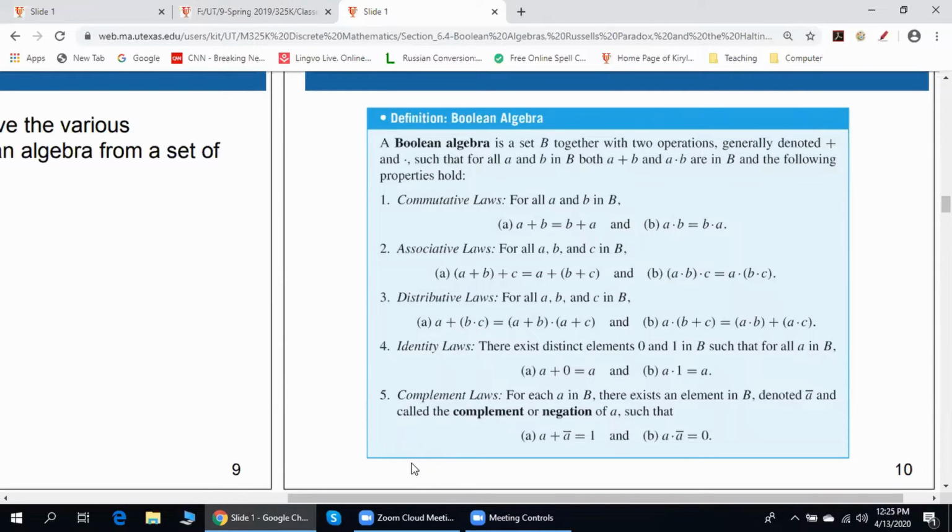If you compare plus and times with set operations, is plus union or intersection? It makes sense that plus would be union, but I don't see how multiplication would be intersection. So the question is, how come multiplication is intersection?